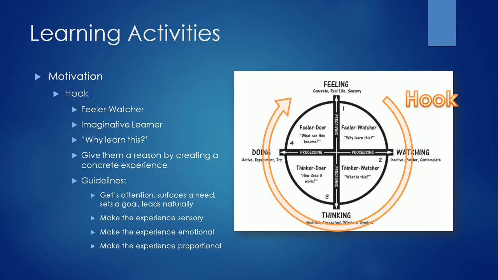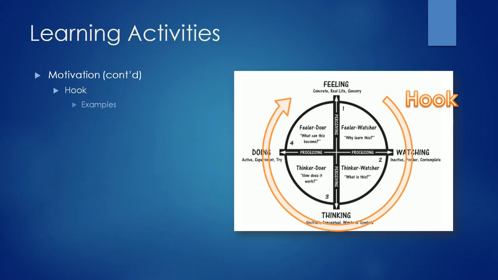It's possible you can create some amazing, emotional, wonderful, engaging hook experiences, and then they're just so powerful you really can't even teach what you want to teach. It's got to be appropriate and balanced. And the last thing here is make it relevant. The experience must relate specifically to, or at least be a springboard naturally into, the topic you're trying to teach. We'll look at some examples here.